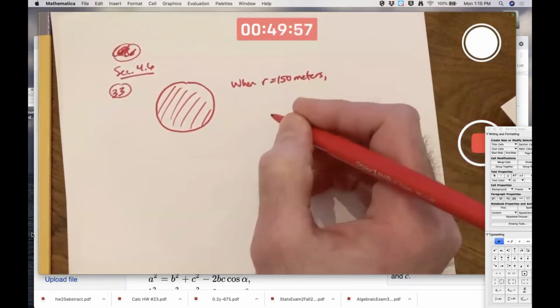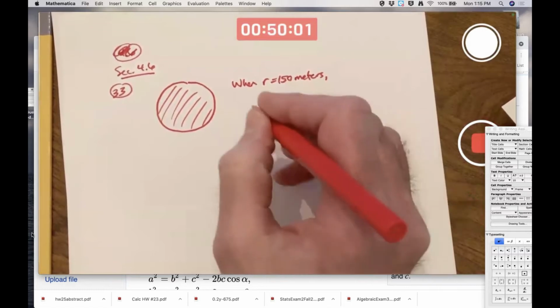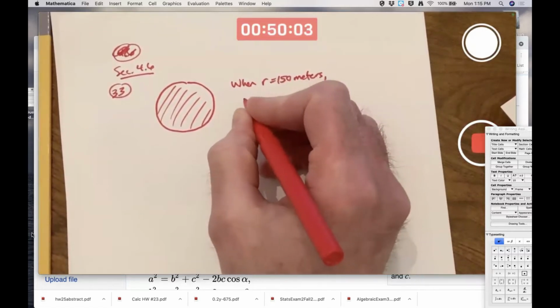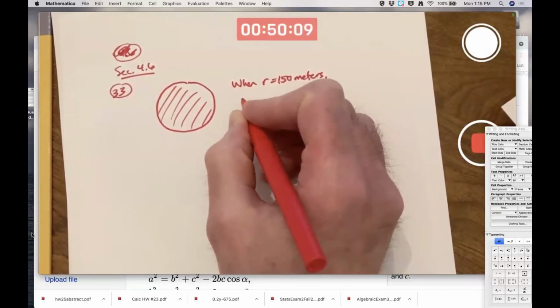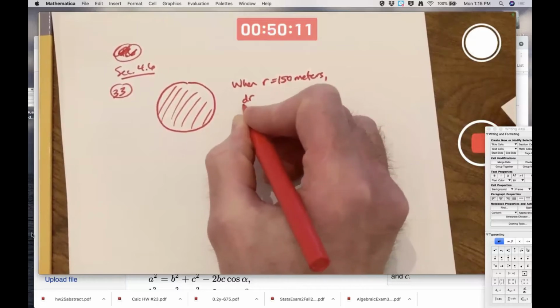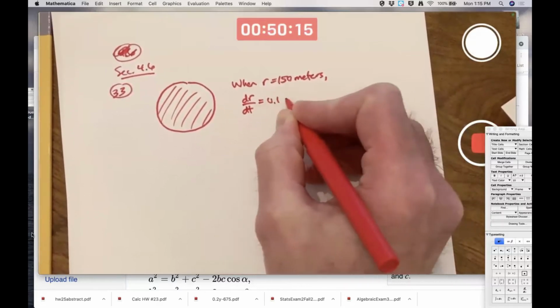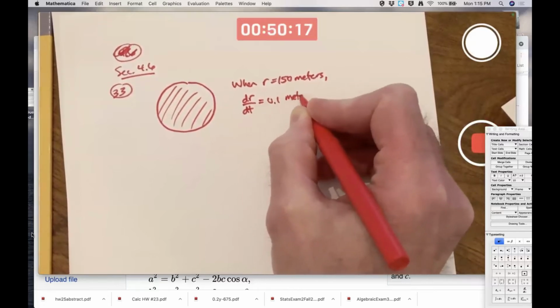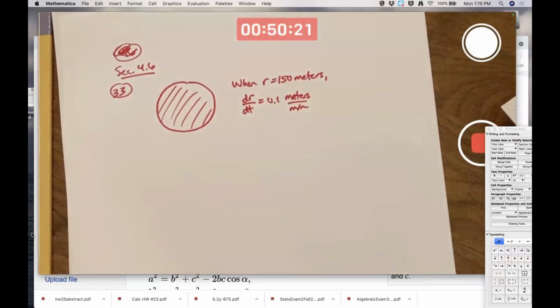What does that mean with calculus symbols? It means the derivative of r with respect to t is 0.1 meters per minute. dr/dt equals 0.1 meters per minute. That's how fast the radius is changing.